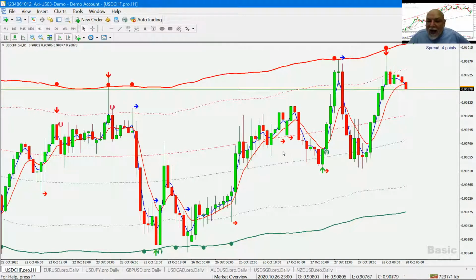However, looking at the channel, the channel trend on the 1-hour is up. So yes, a short position might be called for, but with the channel rising, I wouldn't anticipate that any short position would go very deep. I wouldn't anticipate a very deep move on that.